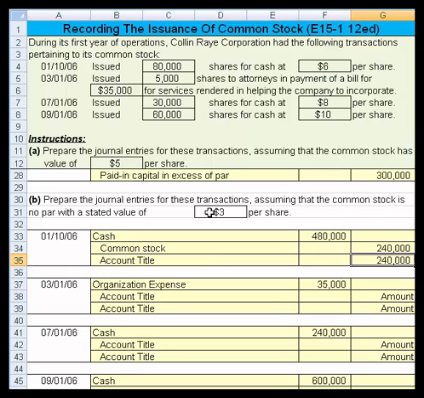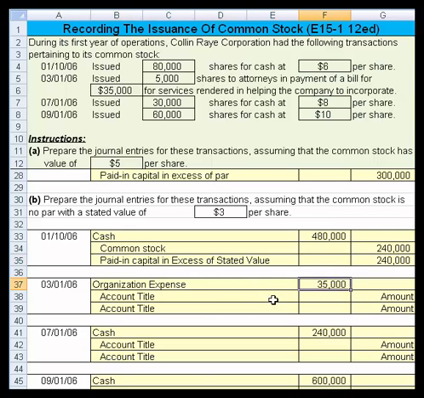And then the difference, and I'm actually working the January 10th entry first, that's okay, is paid-in capital. It just has to be labeled a little bit differently. This becomes paid-in capital in excess of stated value. It's just a textual difference, but we have the same entry.